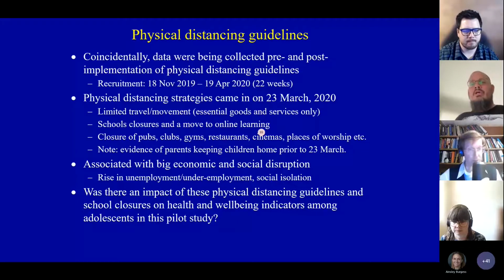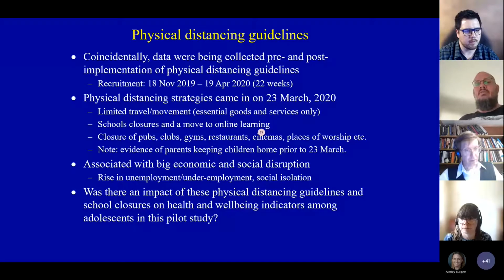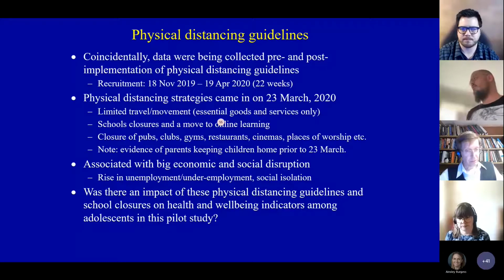Unfortunately, we were going to the end of the study period. When COVID came, we stopped it on the 19th of April, and we already had a few participants there, not as many as before, but we were still able to get a lot of data on that.